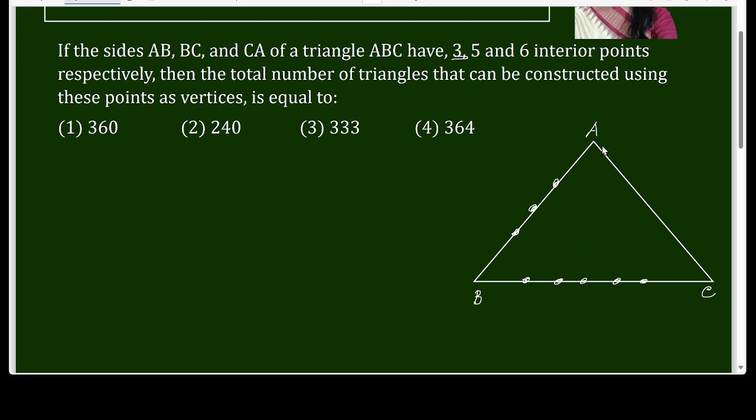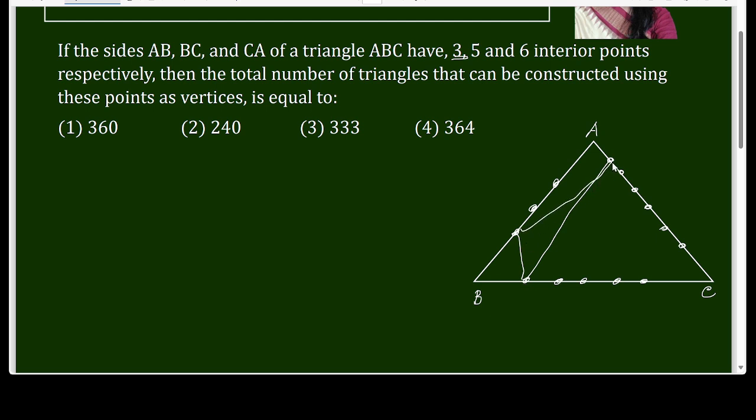And on AC, there are 6 interior points, 1, 2, 3, 4, 5, 6. The question is how many triangles can be drawn taking these points. So you cannot draw the triangle taking these 3 points. You cannot with these 5. So you have to take different points from different sides.